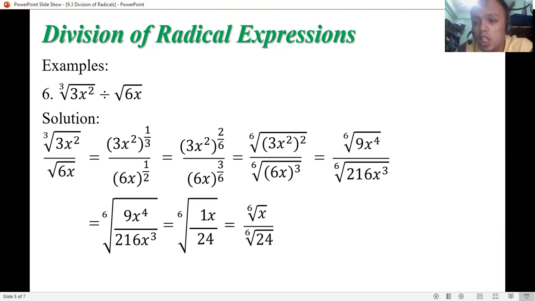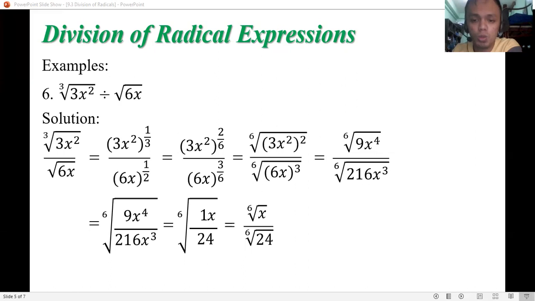Pero hindi natin siya pwedeng i-multiply by 6th root of 24, because 24 times 24 would be equal to 576. So, anong number na mag-equal to 576 once i-multiply natin 6 times by itself, lalabas si 576?